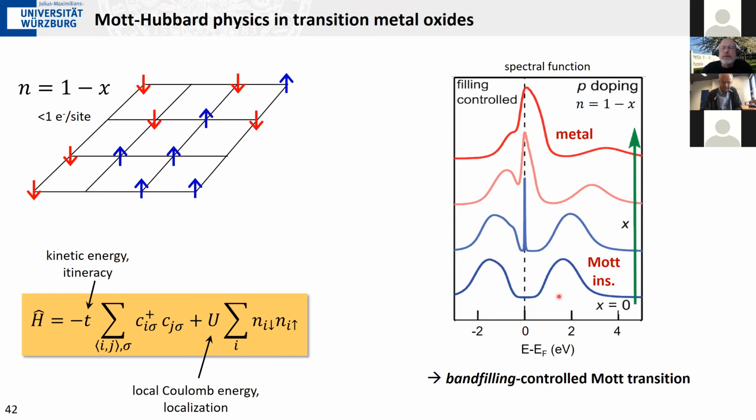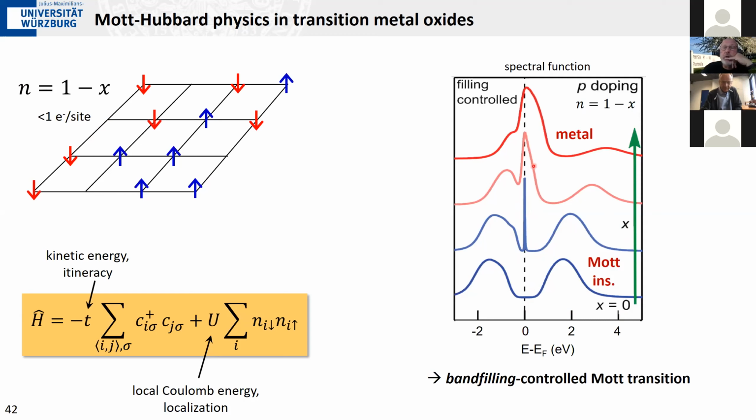And in terms of spectral weight or the single particle spectrum, what will happen is that you start out with a Mott insulator. This is the situation half-filled, X equals 0, and then you start doping X holes into the system, and there will be a very narrow quasi-particle state evolving close to the lower Hubbard band, and it will fix the position of the chemical potential.